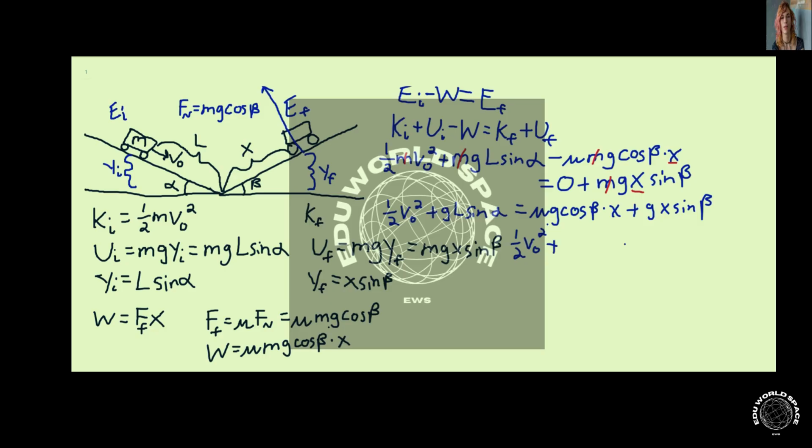So I end up with 1/2 v naught squared plus g times L times the sine of alpha, and that is equal to, pulling out that x term, x times mu g cosine of beta plus g times the sine of beta.